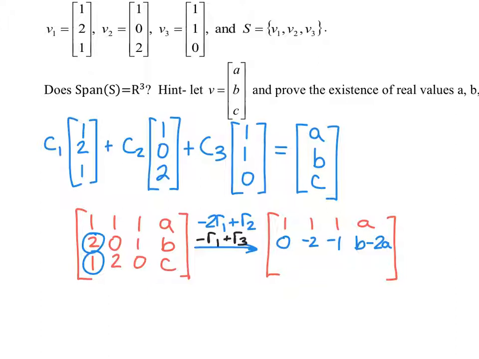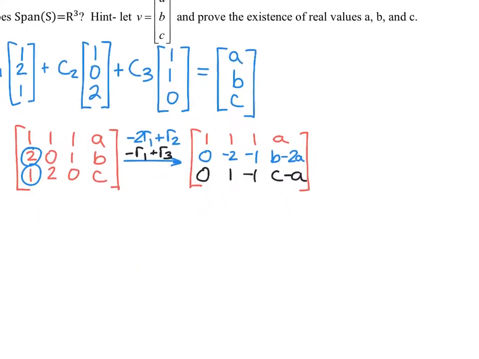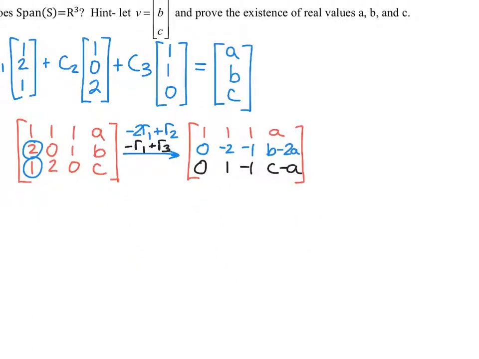So then, last row, 0, 1, -1, C minus A. All right.